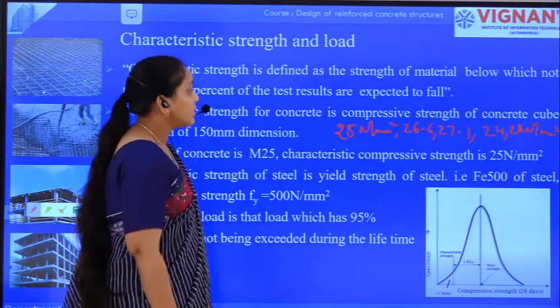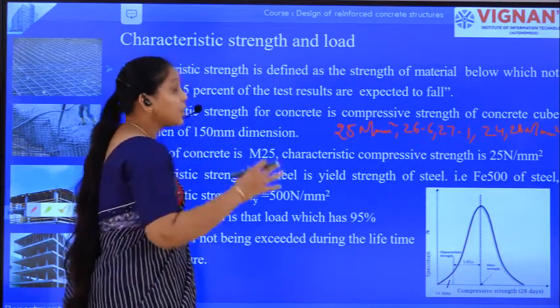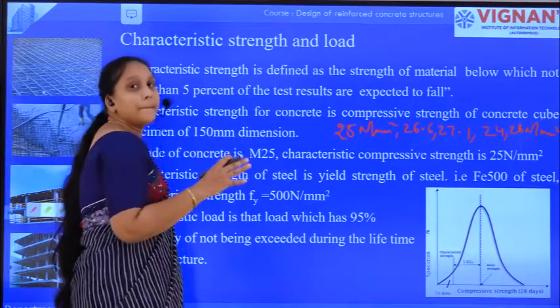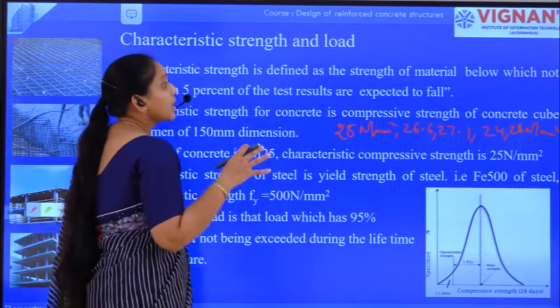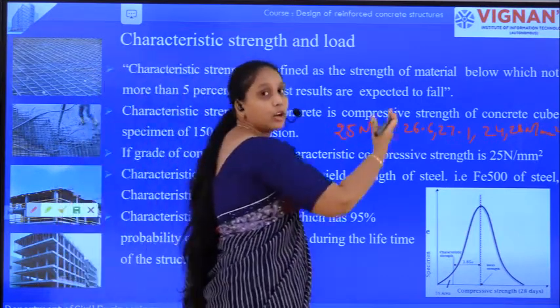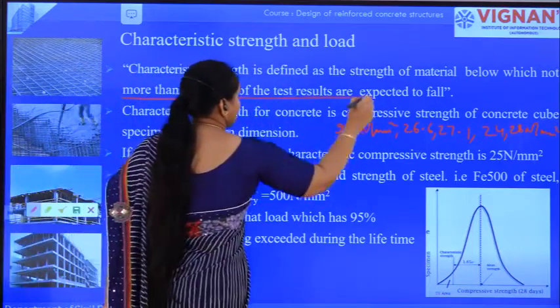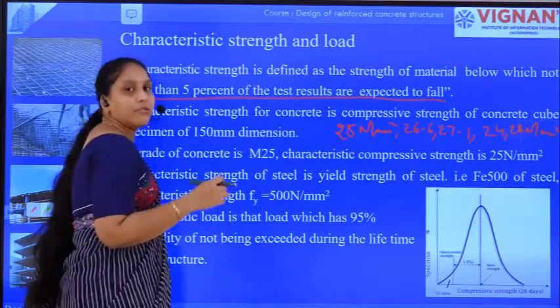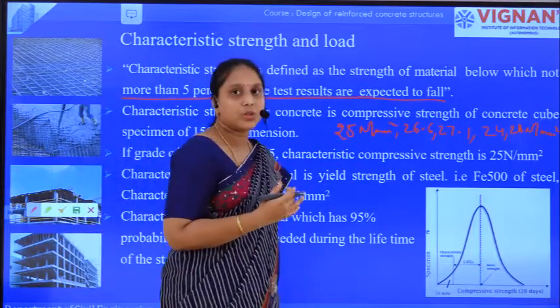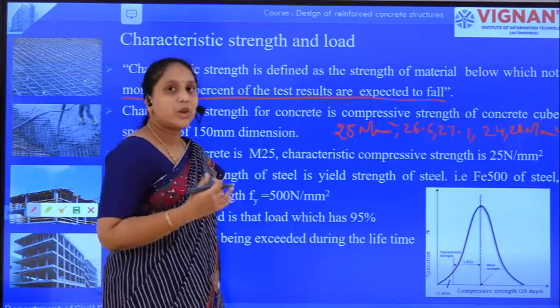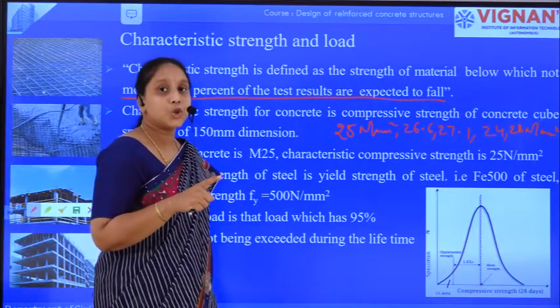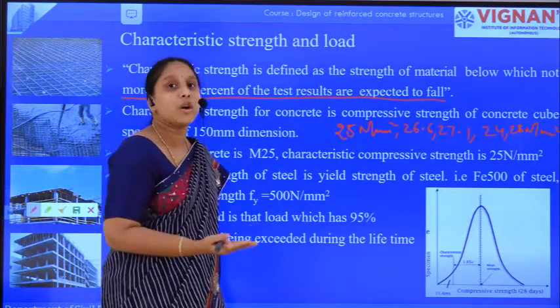So what does that mean? The characteristic strength of the material is the strength of the material below which not more than 5% of the test results are expected to fall. Suppose I have tested 20 cubes, out of those 20 cubes only one cube strength should be less than the strength which is required.